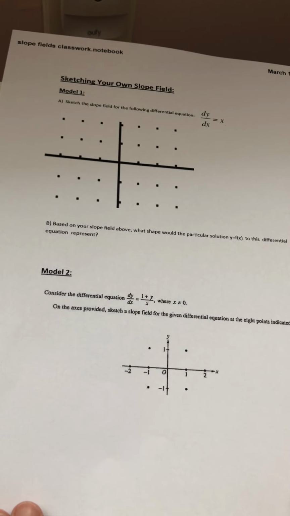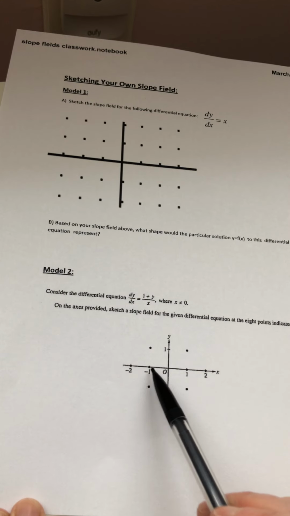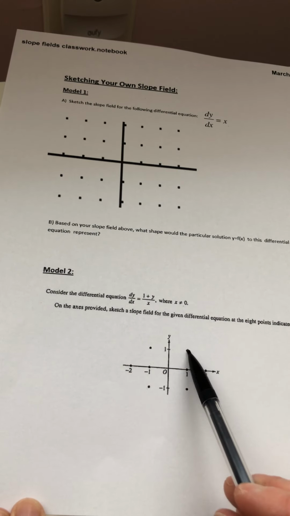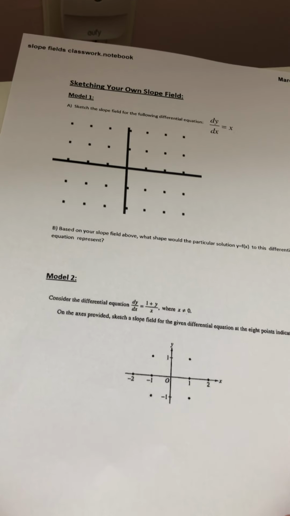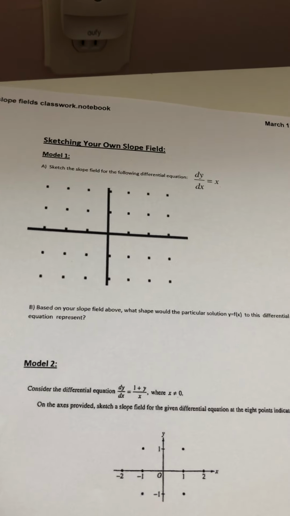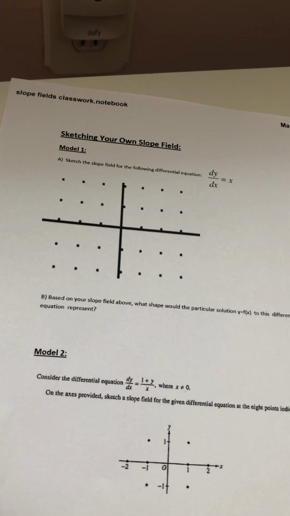If you look down at Model 2, there's far less points that are bolded. In fact, there's only 8 points that are really emphasized down there. So we shall begin. So I started you off with a very simple derivative formula.